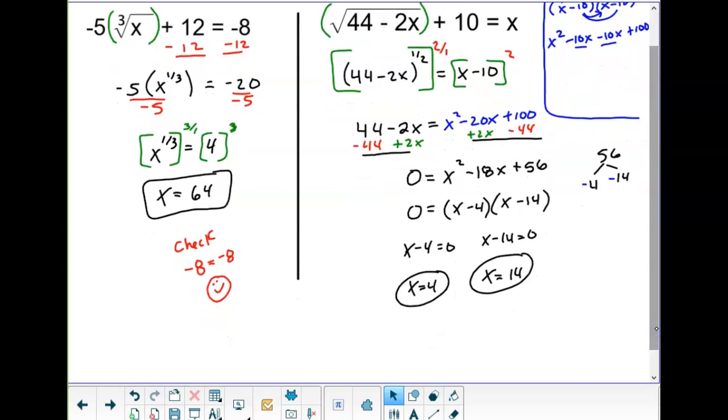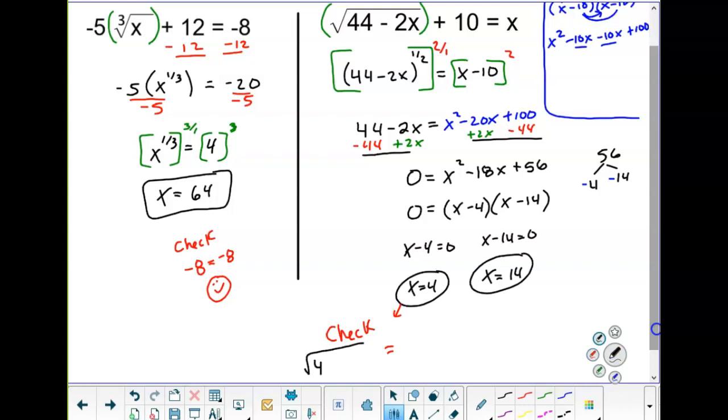Right? We have two answers. I need to check. And you know that if you check x equals 4, this is where we plug in a 4 on each side. So maybe I'm going to show a little more work on this one, just so you guys can see it.